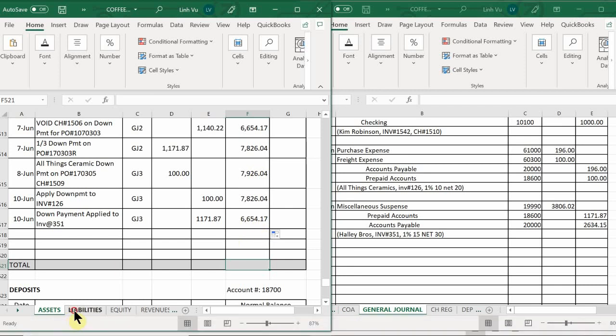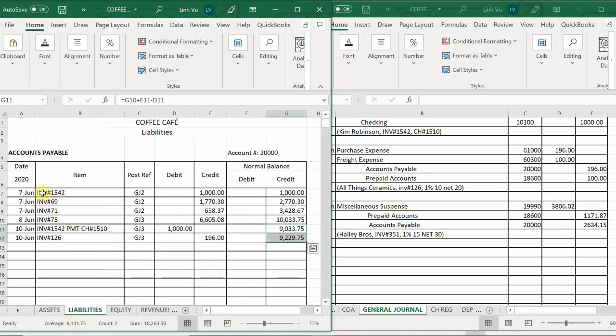So now that it has been applied to the invoice, we now need to update our accounts payable account. Because now we owe more money. Okay? Yep. So there we are. It is for 2,000, invoice number 351, right?